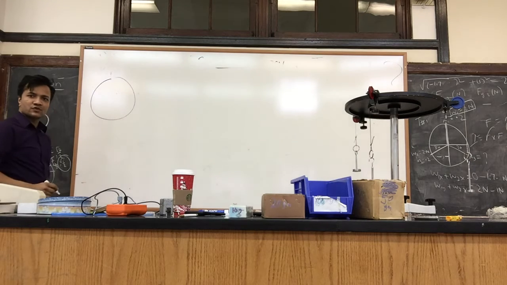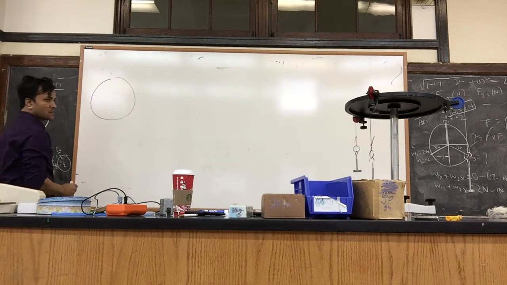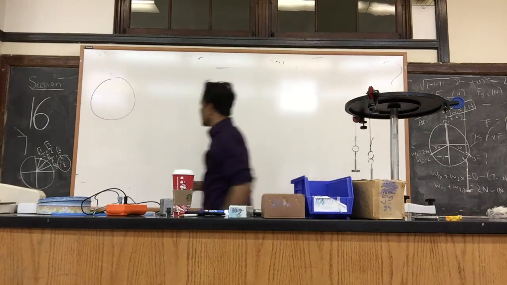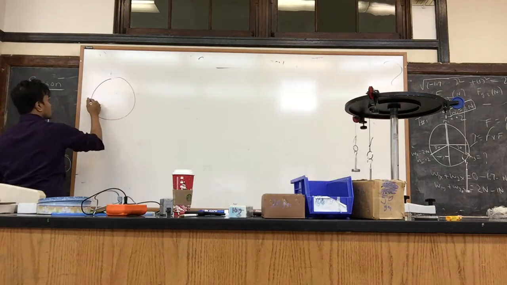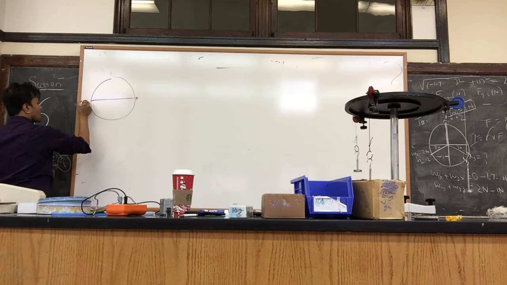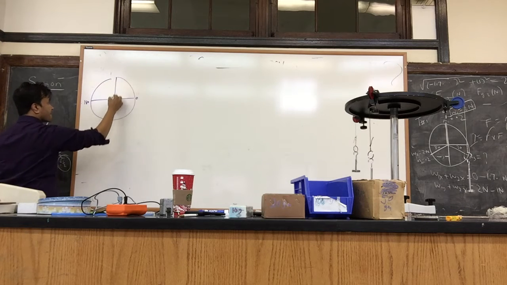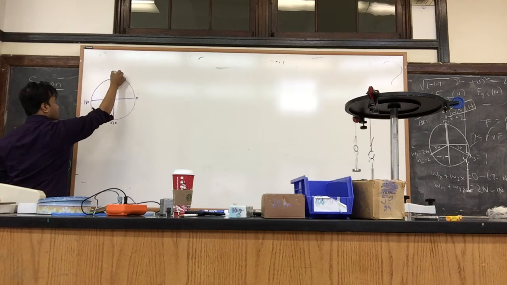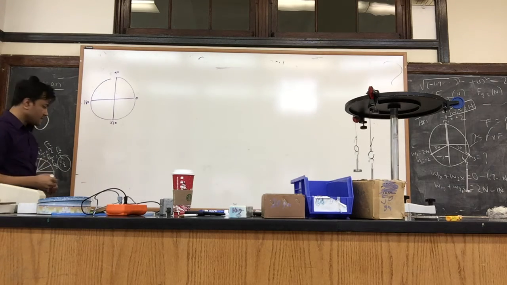This is the circle, a 360 degree circle. 0 degree, 180, 270 and 90.